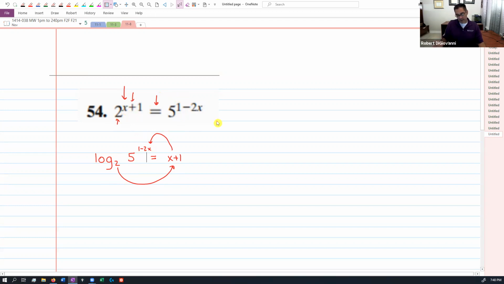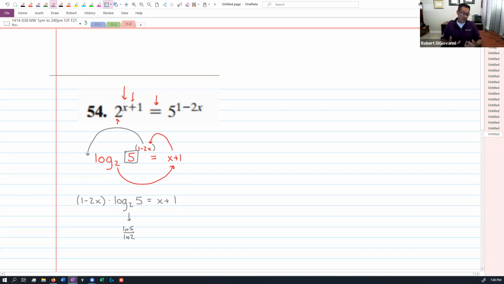Now, what's kind of cool about this is now you can use that same property that you have log of something to a power. You can pull that power in front of the log, and you get 1 minus 2x times log base 2 of 5, because you pulled the power out, equals x plus 1. And log base 2 of 5, you can actually figure that out on a calculator, because we know that this is natural log of 5 over natural log of 2.